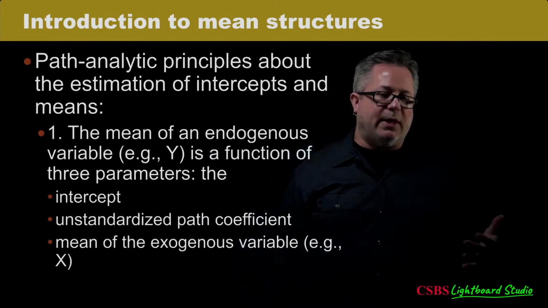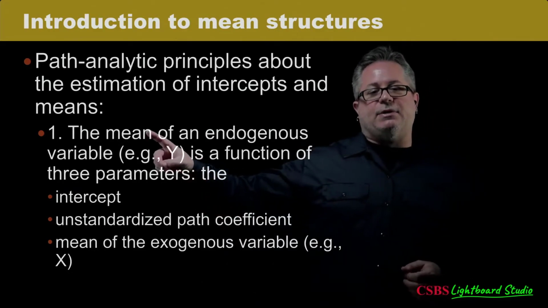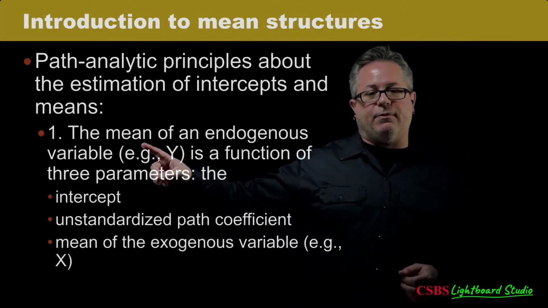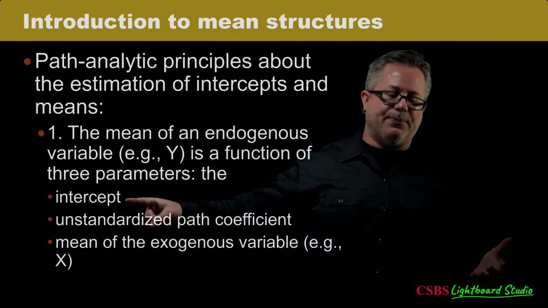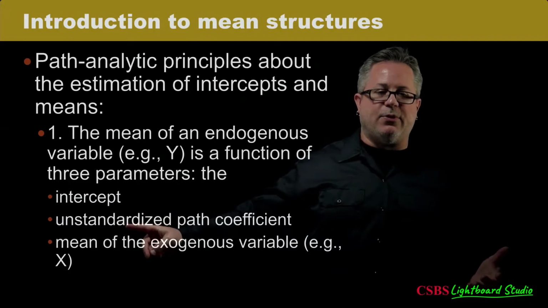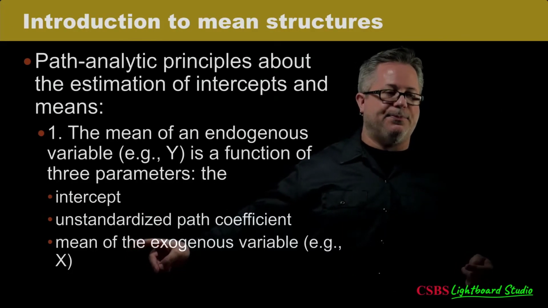Can we actually do that? The mean of that endogenous variable is a product of 3 things: the intercept that we get directly from the constant, the unstandardized path coefficient from the predictor x, and then the mean of x.